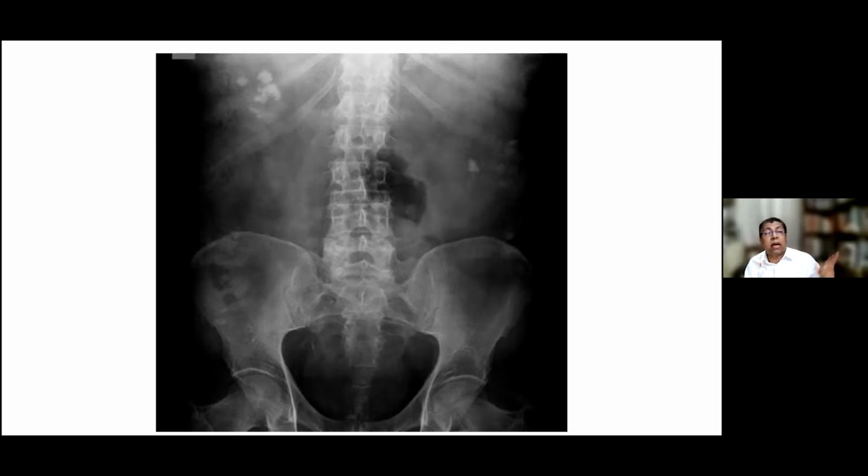Though there is a little mark there on the right side, actually you have to look at the position of the kidney. So if you look at the kidney positions, the right one is high up there. It should be the other way around. So this may be a misplaced or wrongly placed X-ray. So if you had mentioned that, I would have been happier. And regarding the stones, it's okay.